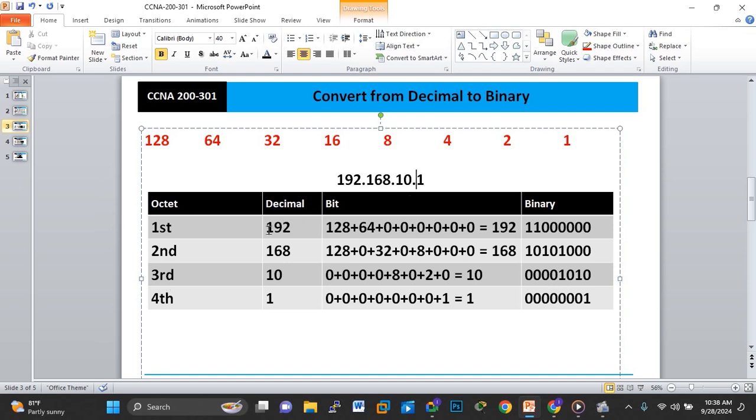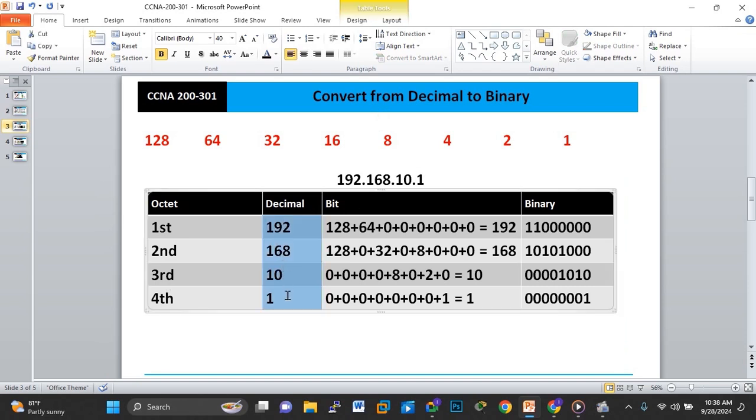So don't be confused. You can now see them here: 192, 168, 10, and 1. So now we want to convert them to binary. If we want to convert 192.168.10.1 from decimal to binary, what will happen?